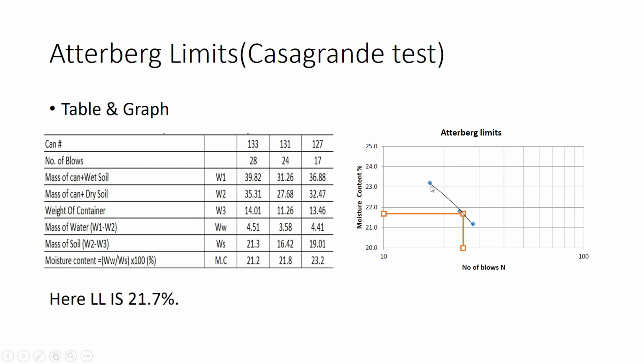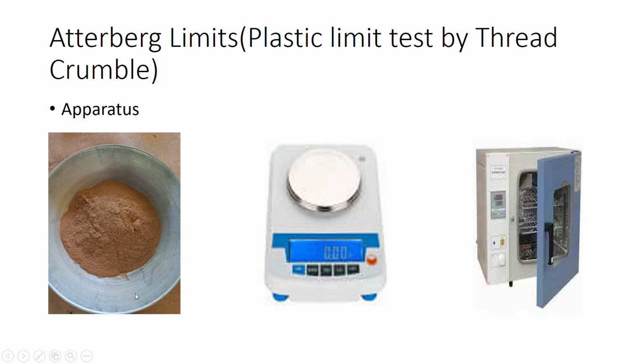The graph shows that at 17 blows we have a moisture content of around 23.2%, for 24 blows we have 21.8%, and for 28 blows we have 21.2%. This point shows that at 25 blows we have 21.7%, which is the liquid limit value.